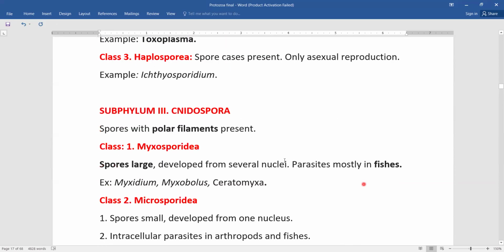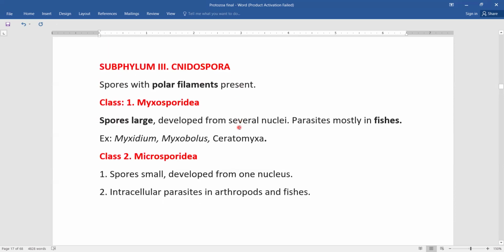And then the third one is also very simple, subphylum 3, Cnidospora. Here, mostly these are parasites. They release spores, they contain spores with polar filaments.